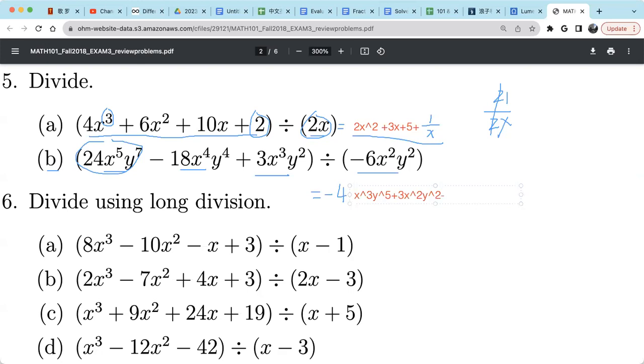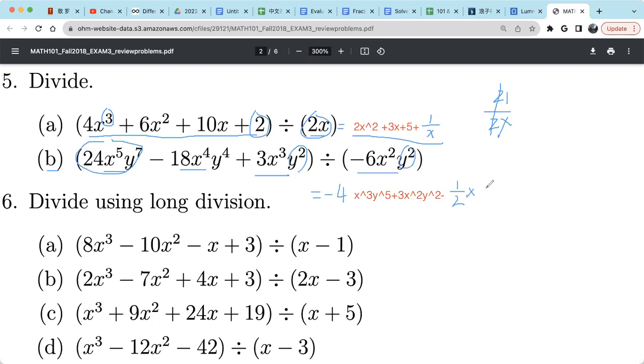Then minus 3 divided by -6. We'll deal with the sign first. Positive divided by negative, that's negative. 3 divided by 6, that's half. Right, so let me use a pen to write this one. Then x cubed divided by x squared, this is x. Y squared divided by y squared, that's just 1.